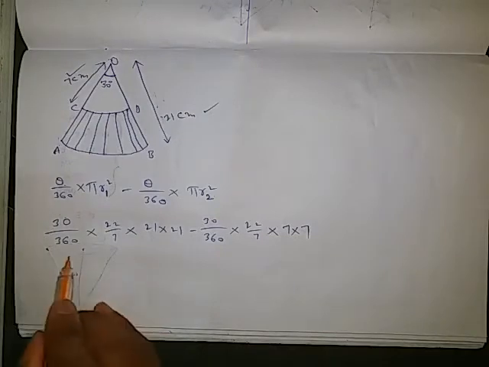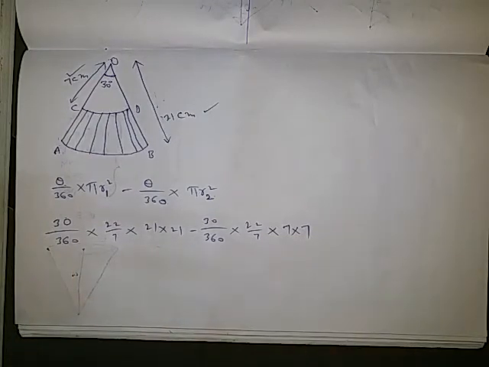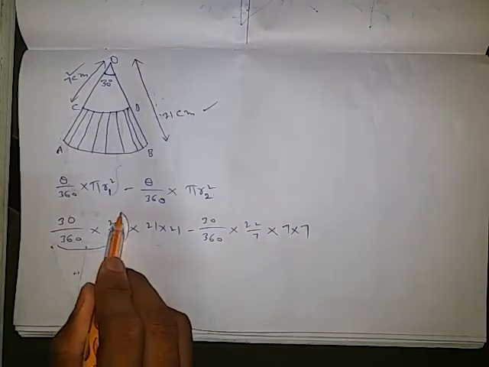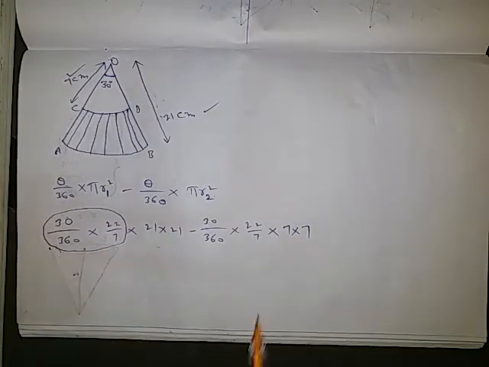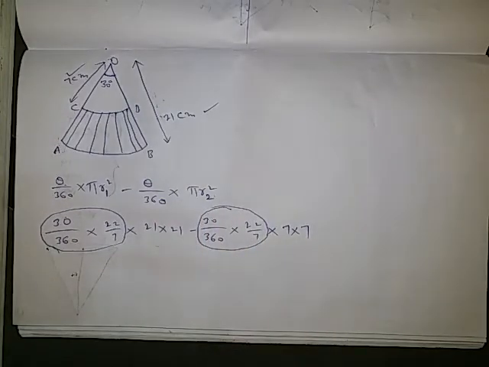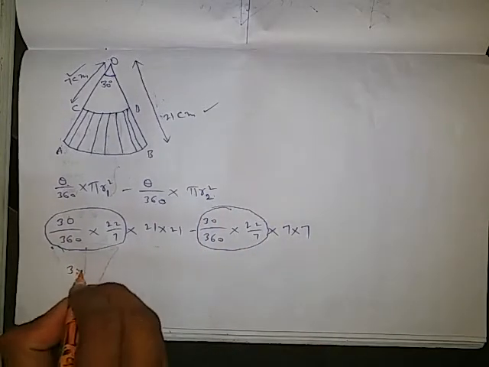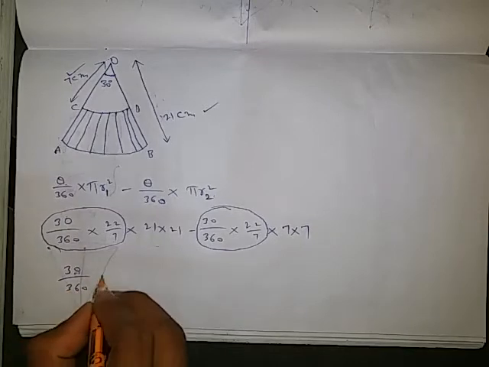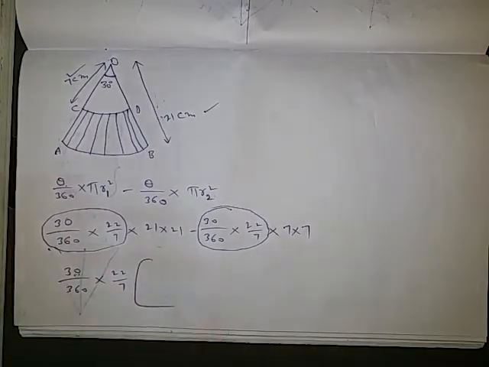Now if we observe these two terms clearly, 30 by 360 into 22 by 7 is there in both. So I will take that out as common, 30 by 360 into 22 by 7 common.